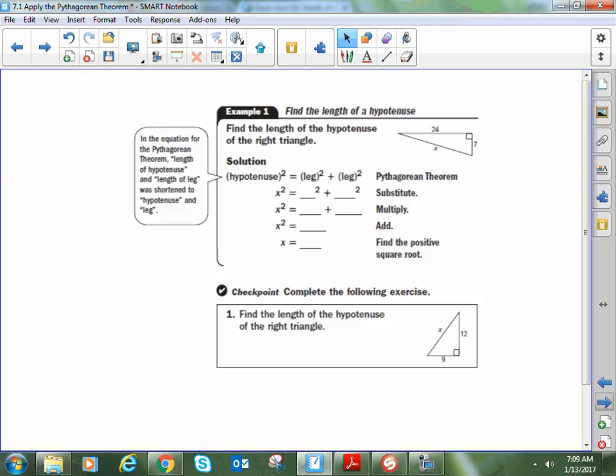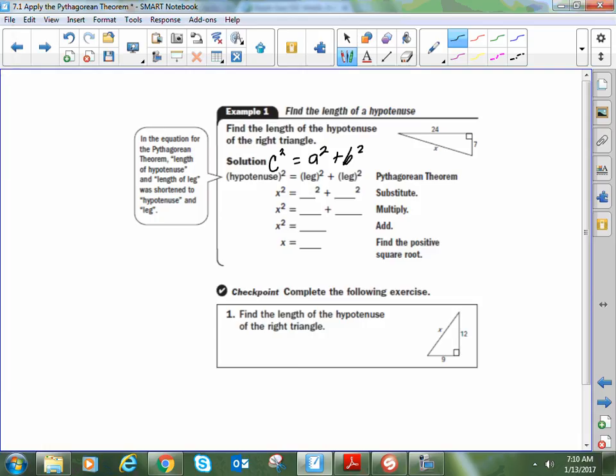Now, looking at how things are written here, they have it written as c squared equals a squared plus b squared. So they have it backwards from how we normally write it, a squared plus b squared equals c squared, but that's fine.